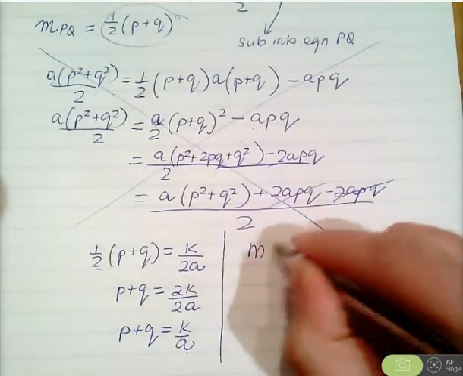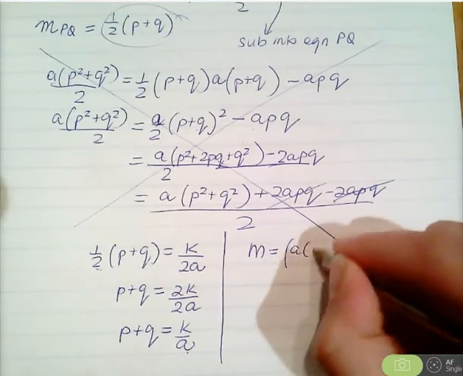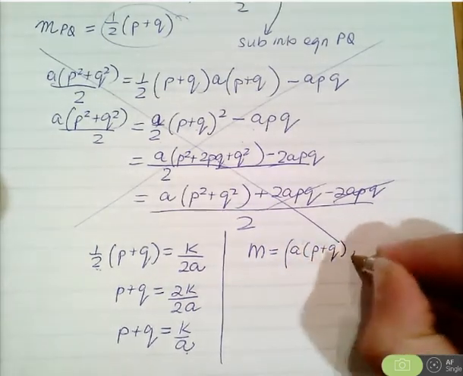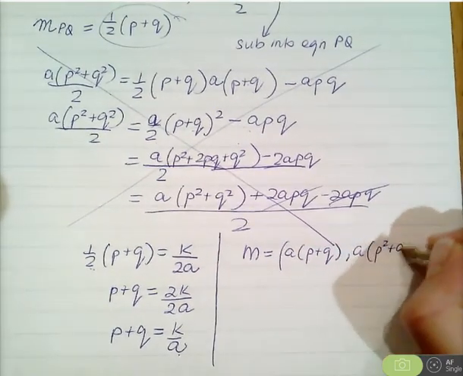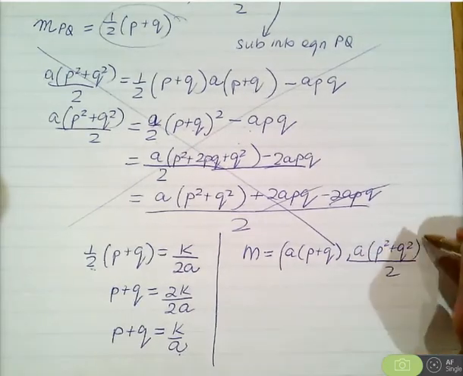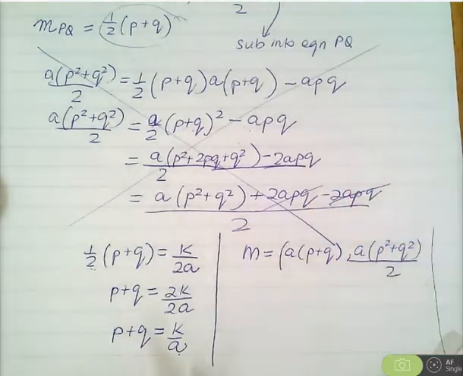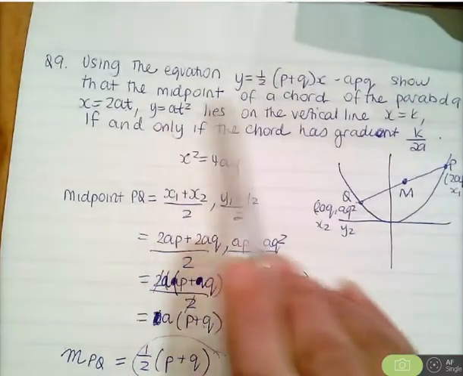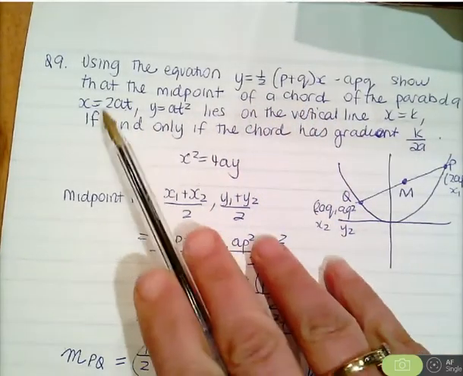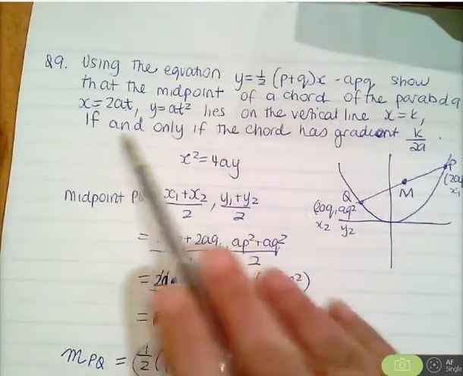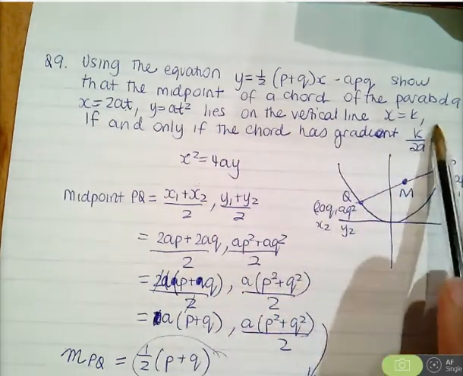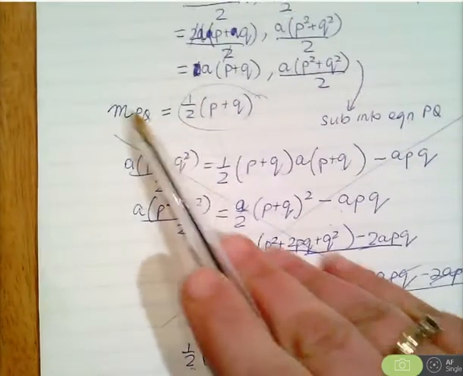Now, we know that the midpoint here was A times P plus Q, comma, A times P squared plus Q squared over 2. So it said, show that the midpoint of a chord of the parabola lies on that vertical line if and only if the chord has gradient K on 2A. So we looked at what the gradient of the chord was.